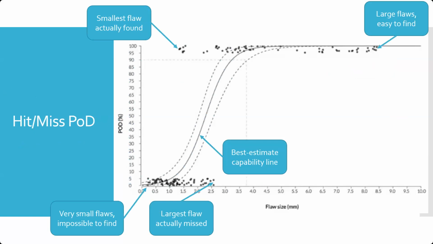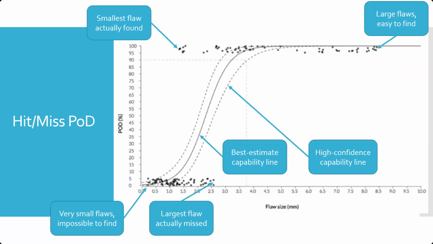So that's the best estimate capability line, but we know humans will not always perform at their best. So then we have to create that confidence interval, and that's where that 95% is. So 95% is that high confidence capability line.